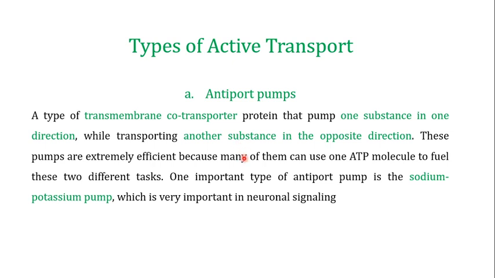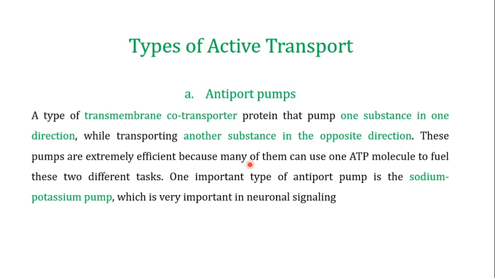These pumps are extremely efficient because many of them use only one ATP molecule to fuel both tasks. You are moving one thing out of the cell and another thing into the cell, performing two functions with a single ATP molecule.